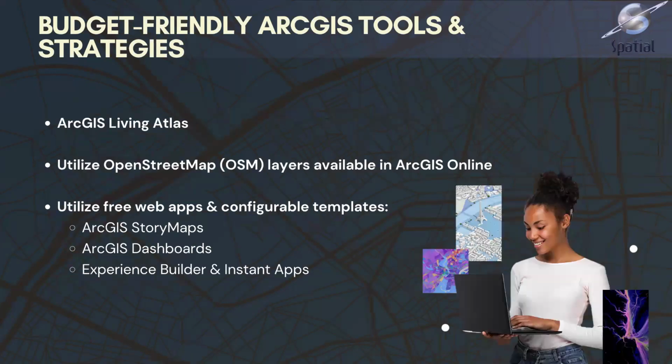Also, to add to these, we want to bring you into the ArcGIS Living Atlas. So a common challenge in GIS is actually finding reliable, high-quality data sets. So instead of spending extra money on data collection, you can use ArcGIS Living Atlas. And this platform really provides data that is ready to use.